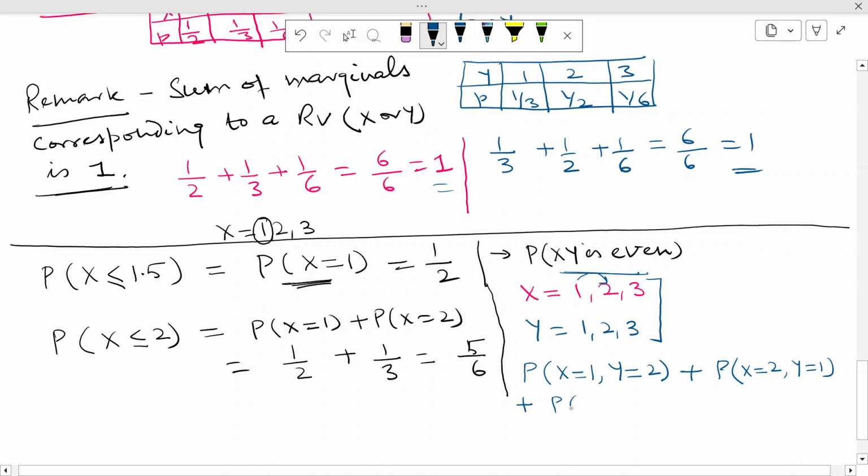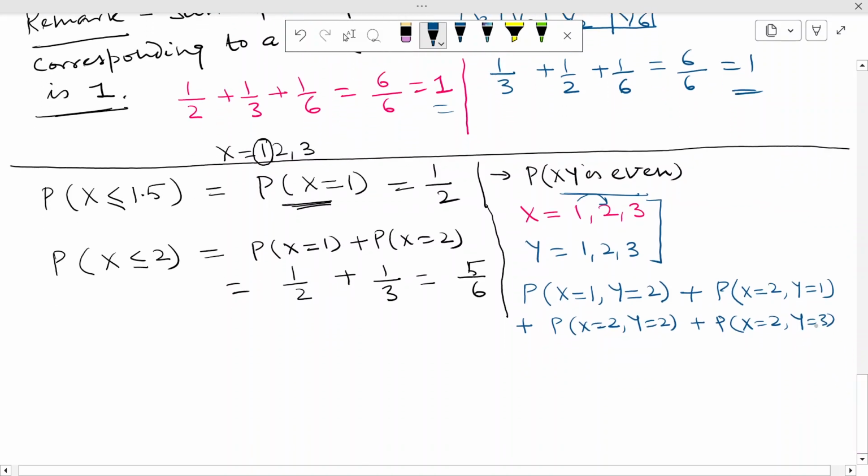Similarly, for x equals 2 and y equals 2, the product is 4, which is again even. Lastly, for x equals 2, we can take y equals 3, and the product of 2 and 3 is 6. So this is an even number.